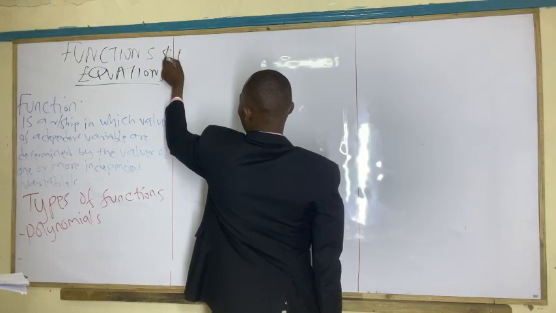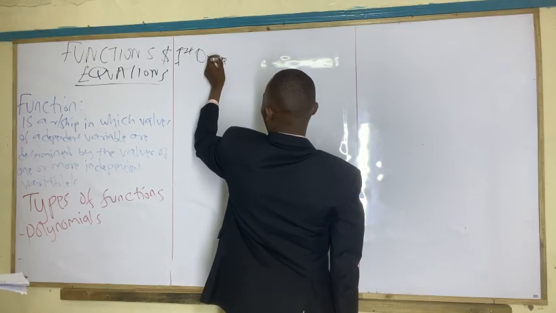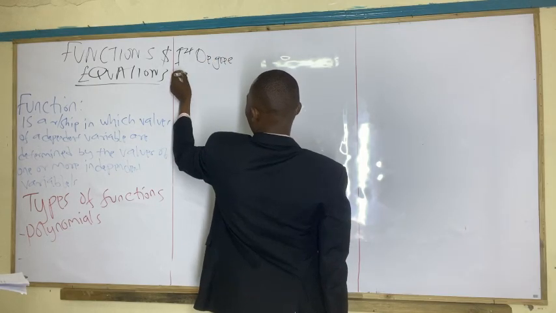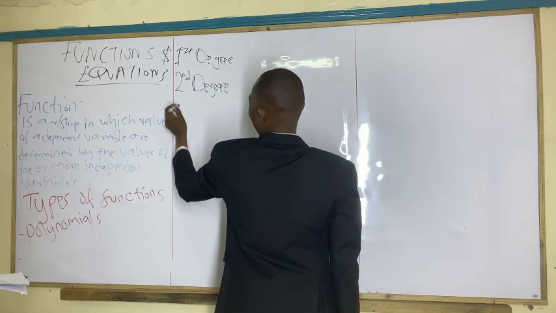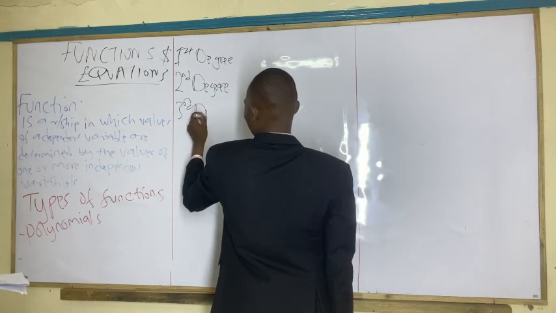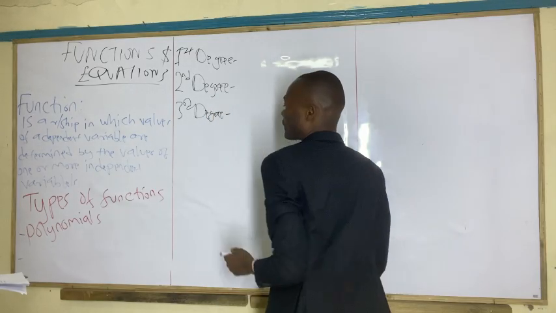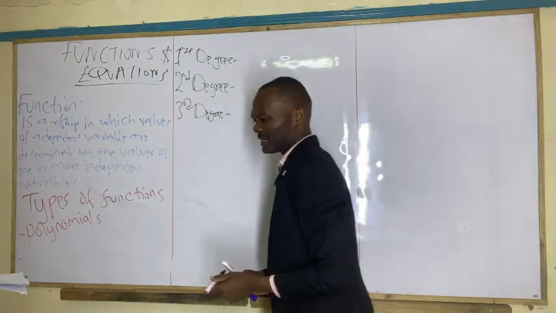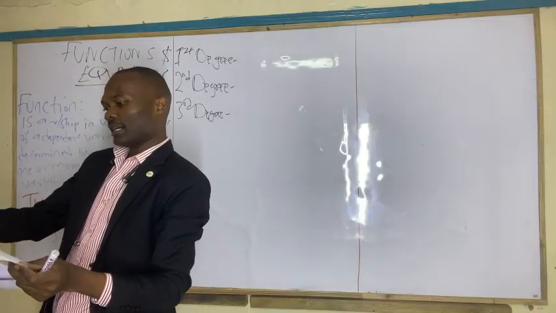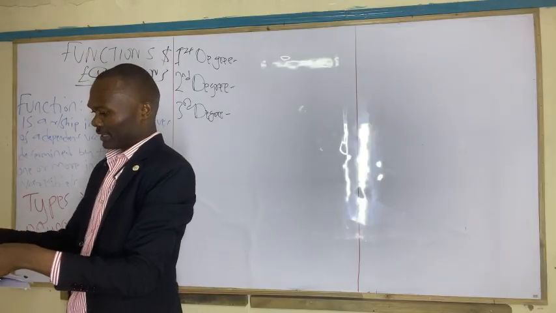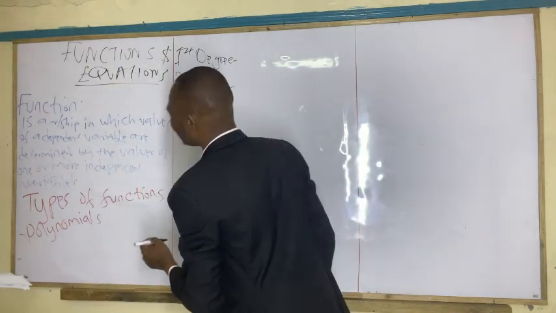We'll look at the first degree, and then the second degree, and then the third degree. In other words, first degree polynomials are what we call the linear functions.